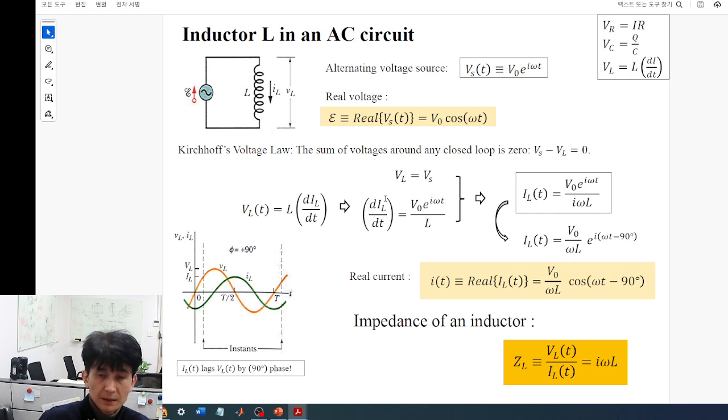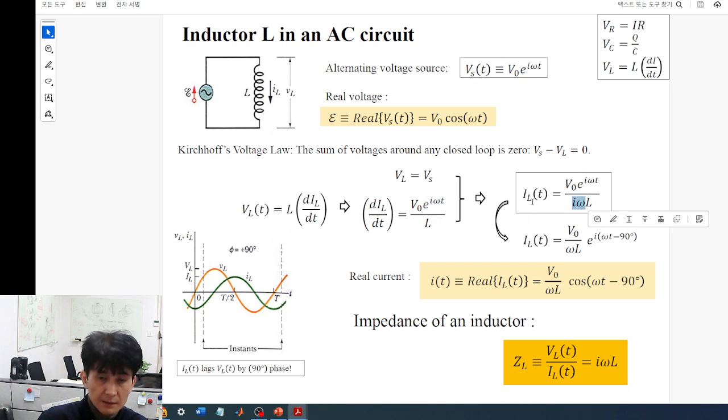Therefore, by taking the integral of both sides, we have IL on the left side, and the integral of this one becomes V0 exponential i omega t divided by i omega. L was already here, so if we take the integral of this one with respect to t, we should divide this by i omega here.